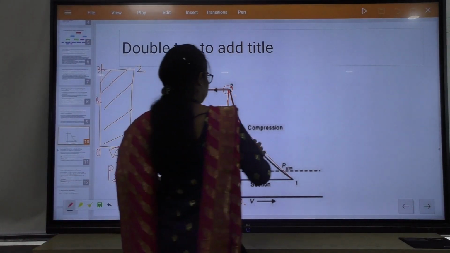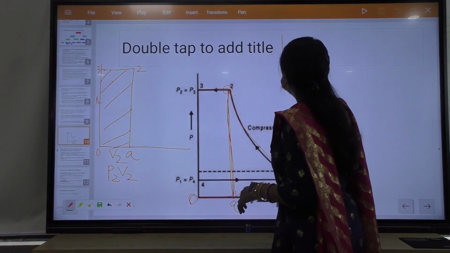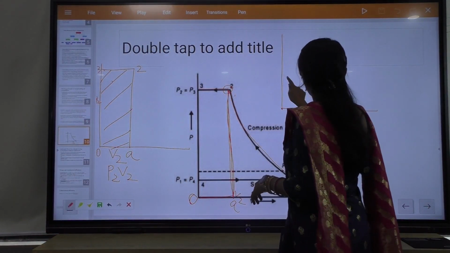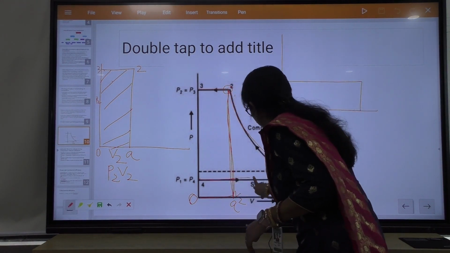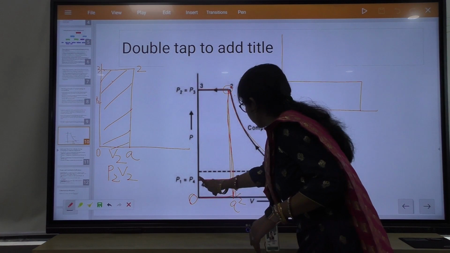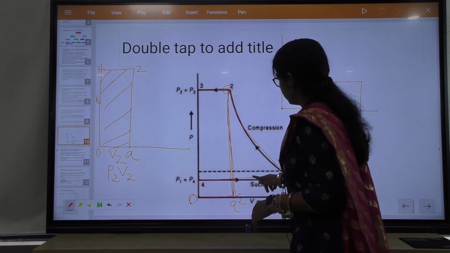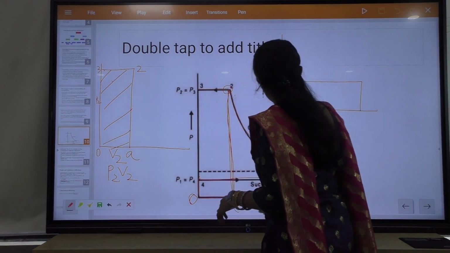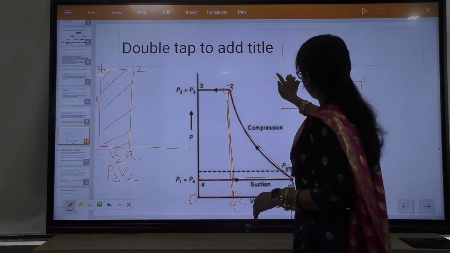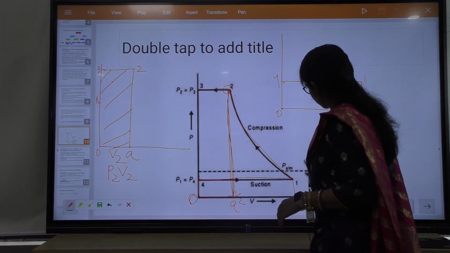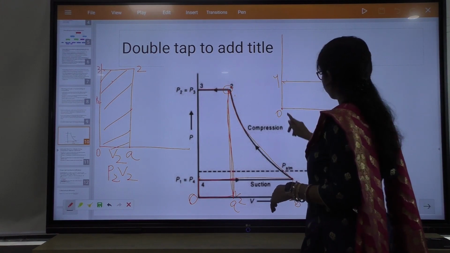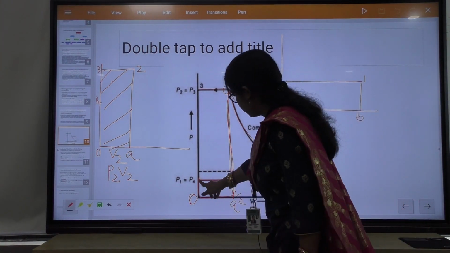And then another line is there, indicator diagram, this is this diagram. That means it is 1, 4, O, suppose this point is B. And what are the parameters?